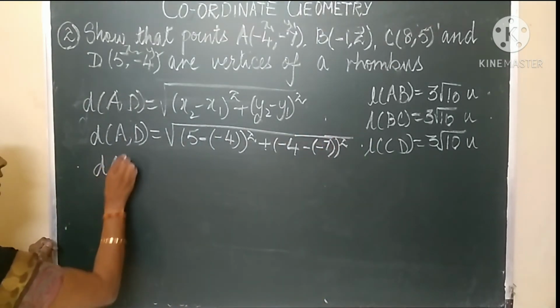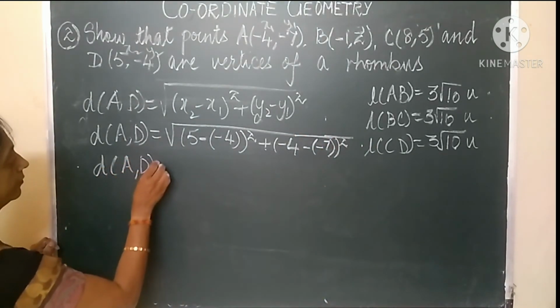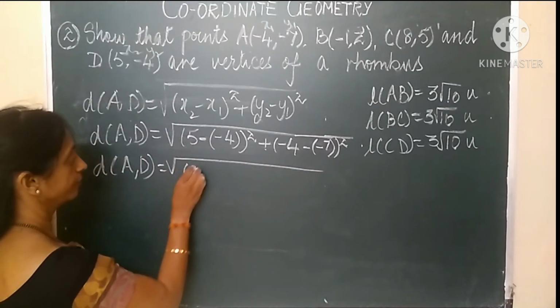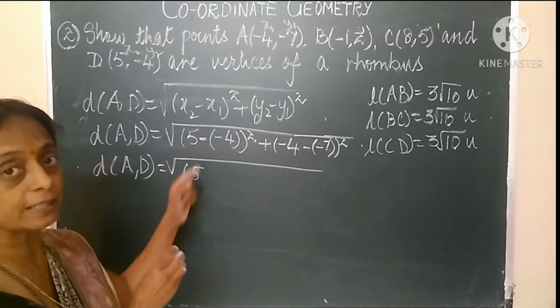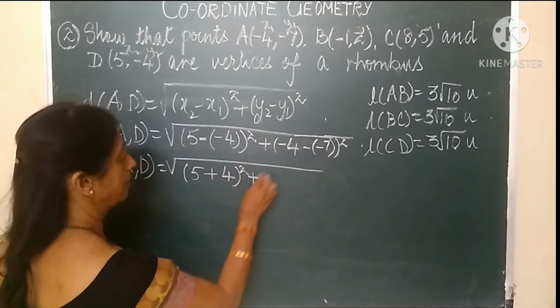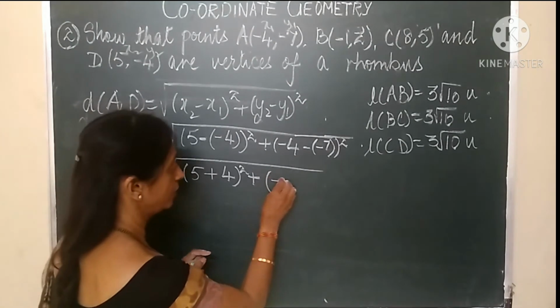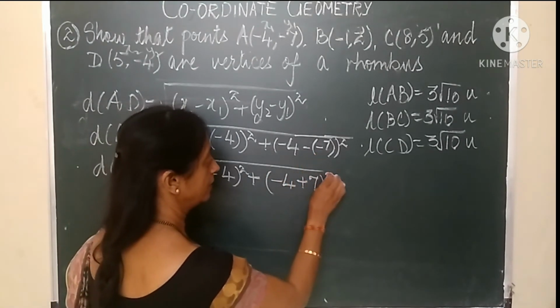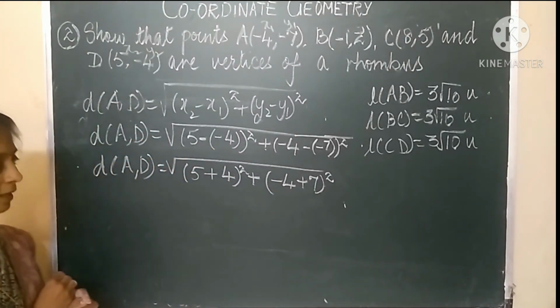So distance AD will be equal to 5 minus into minus gives us plus 4 the whole square plus minus 4 minus into minus gives us plus 7 the whole square.